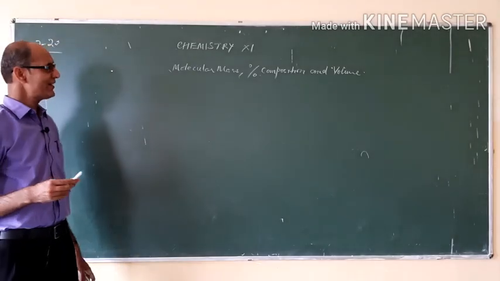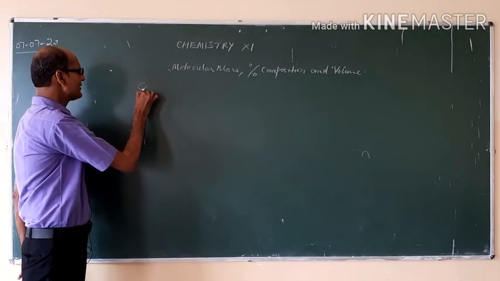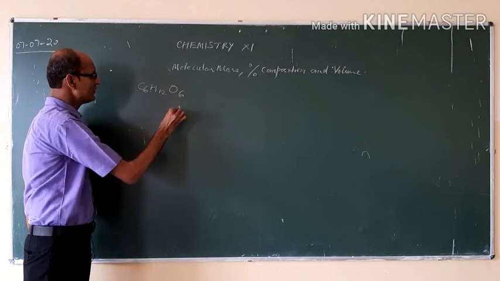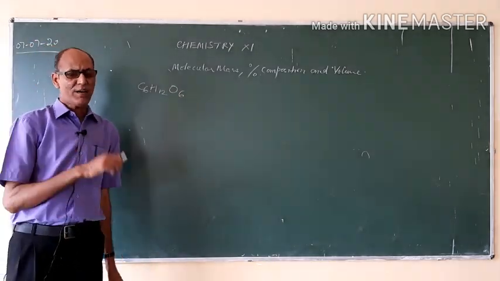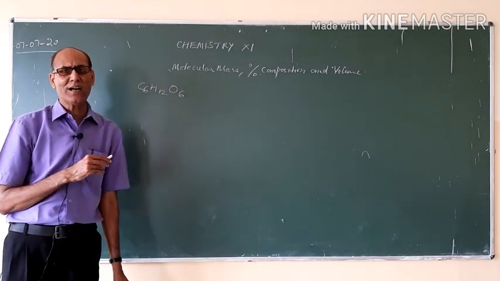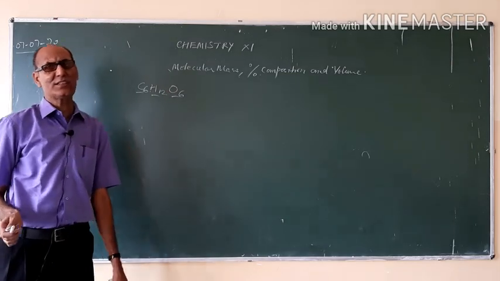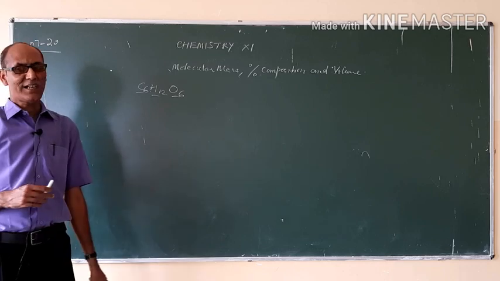You can easily calculate the percentage of that element. This is the formula of glucose, C6H12O6. Suppose you want to calculate the molecular mass and then the percentage of carbon, hydrogen and oxygen. There are 3 elements present in it, so you can easily calculate it.